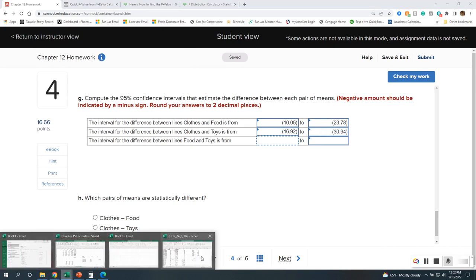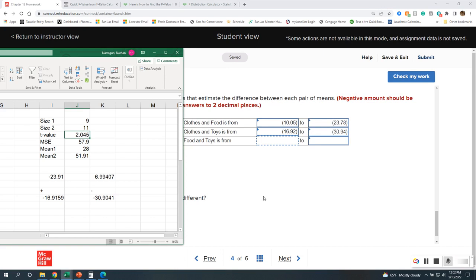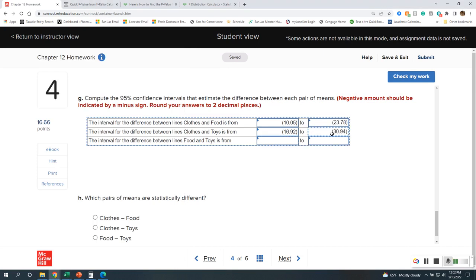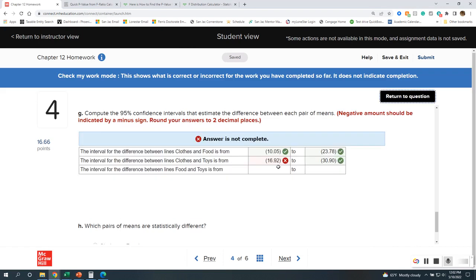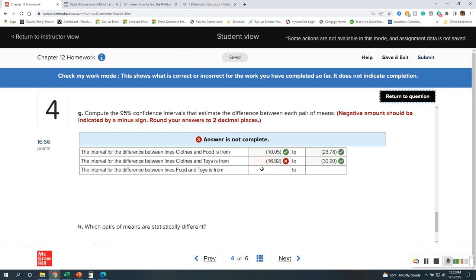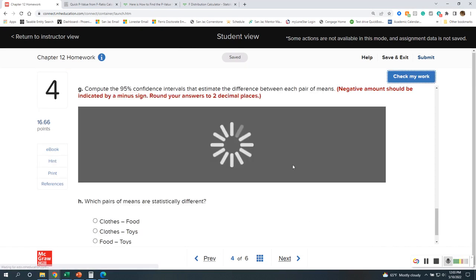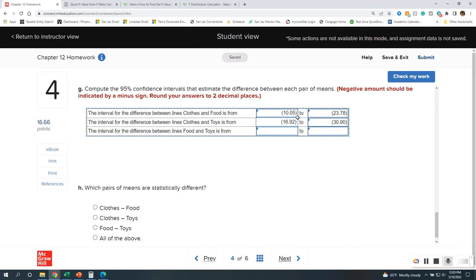Make sure I put that in correctly. No, I did not. For some reason, I put... There we go. Check. See? Again, a little rounding issue. So we're trying to fix this. So let's see.